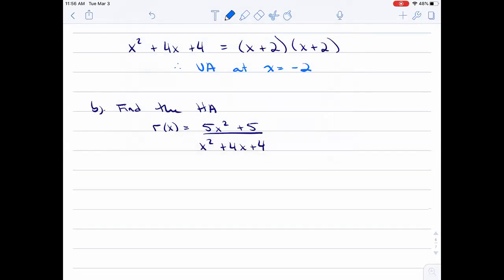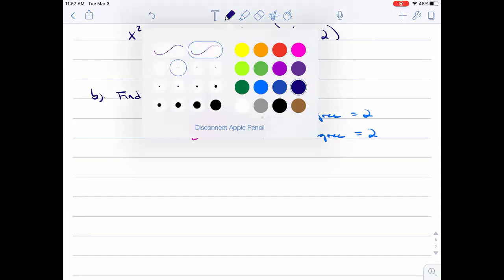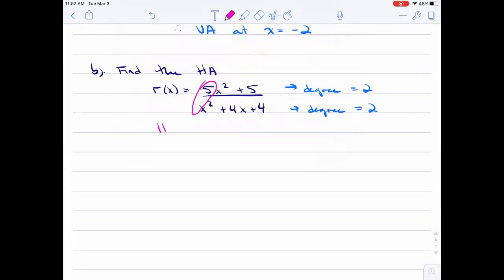We can just make a note here that the degree here, the highest power, is 2, and here we have a degree also equal to 2. So therefore, we've got a horizontal asymptote at y equals 5/1, which is just y equals 5.